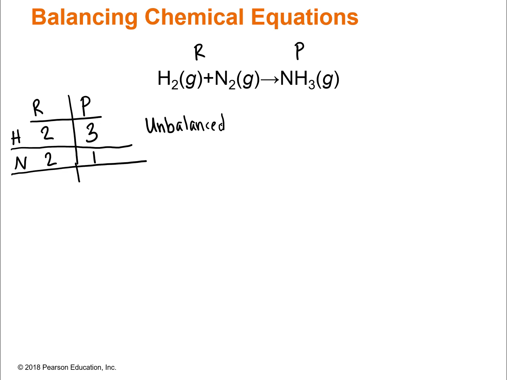In this situation, we want to try to balance the most complex compound. We're going to start here with trying to balance out the ammonia. We've got 2 hydrogens on one side and 3 on the other.